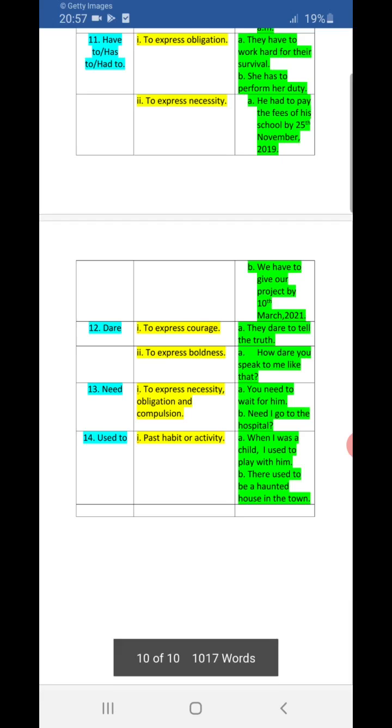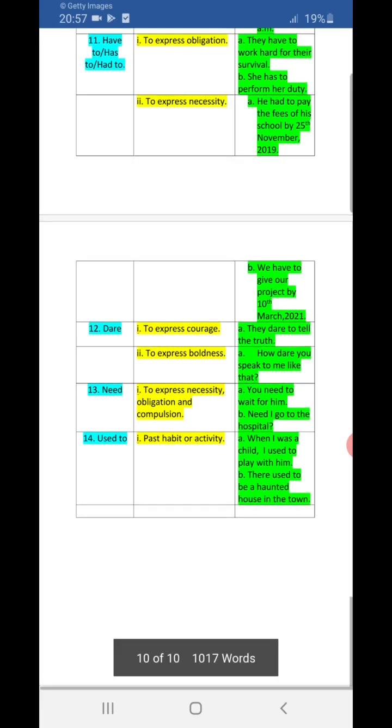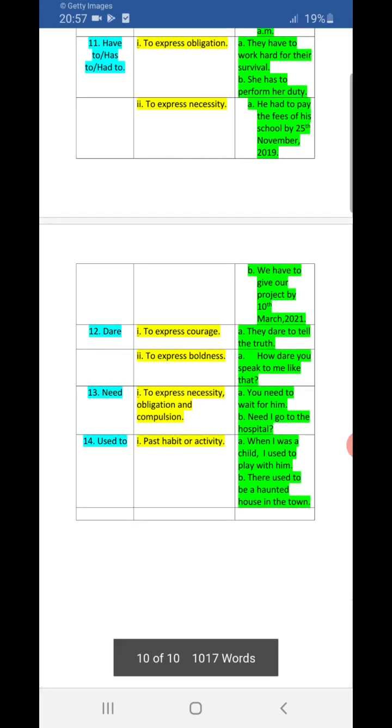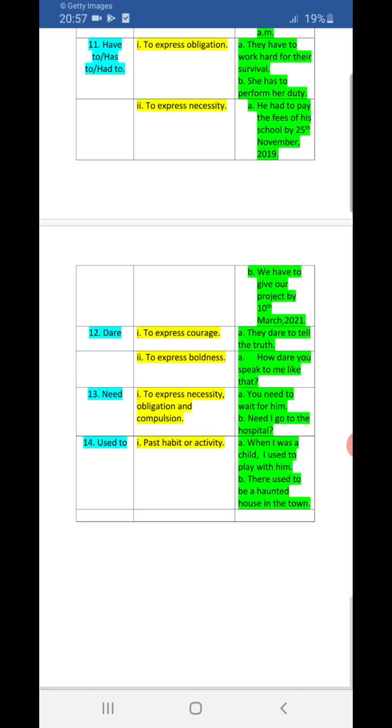So, there used to be means in the past days, there used to be a haunted house in the town, specifically where suppose you are residing, a particular town. Thank you, students.